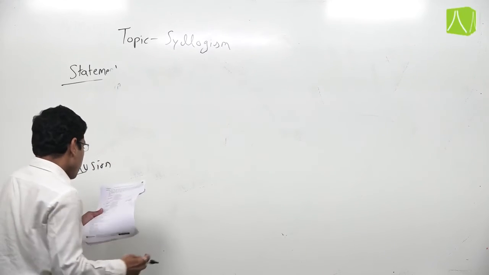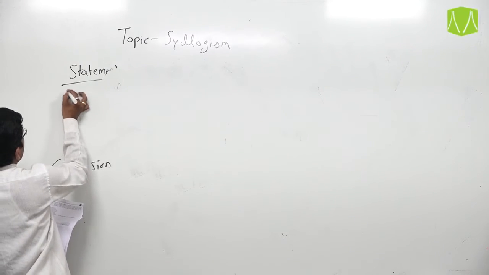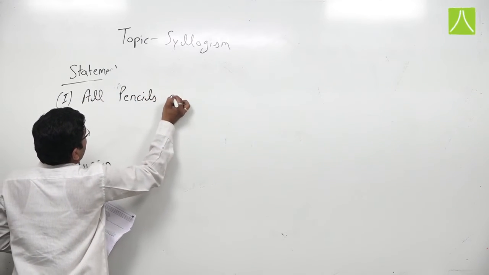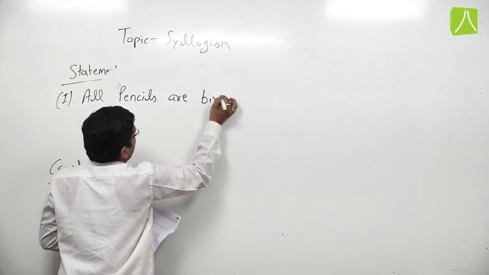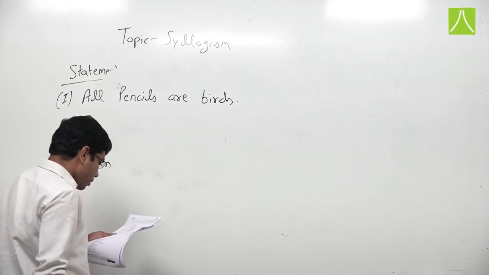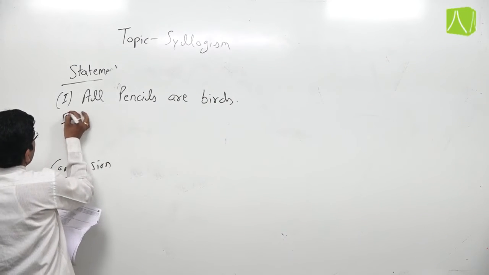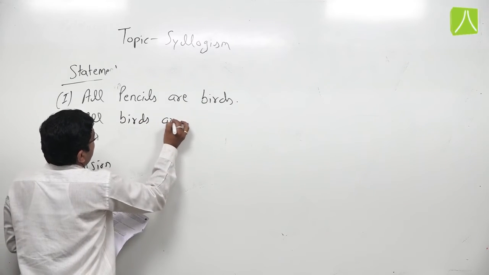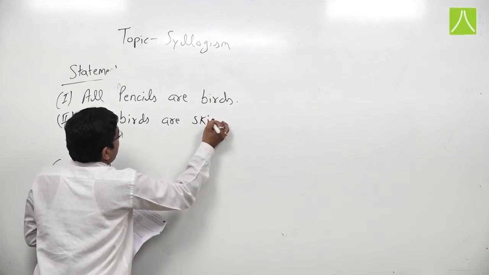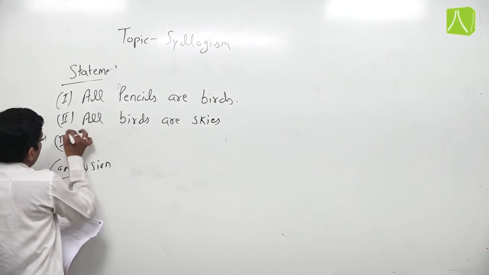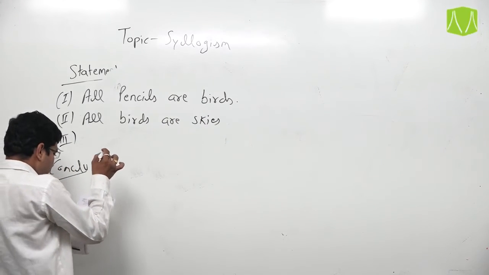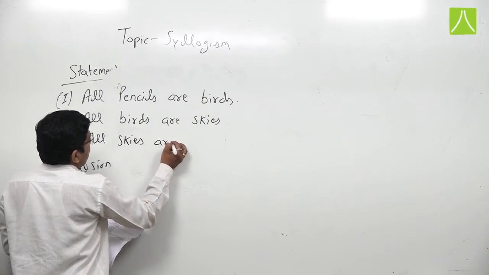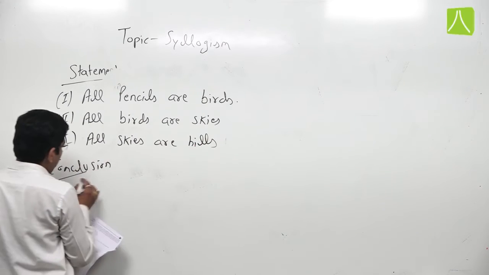Suppose statement is all pencils are birds. All birds are skies. Third statement is all skies are hills. Now conclusion.